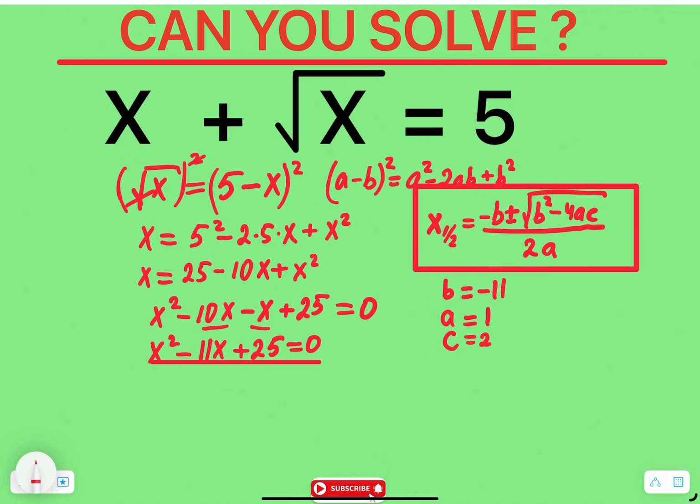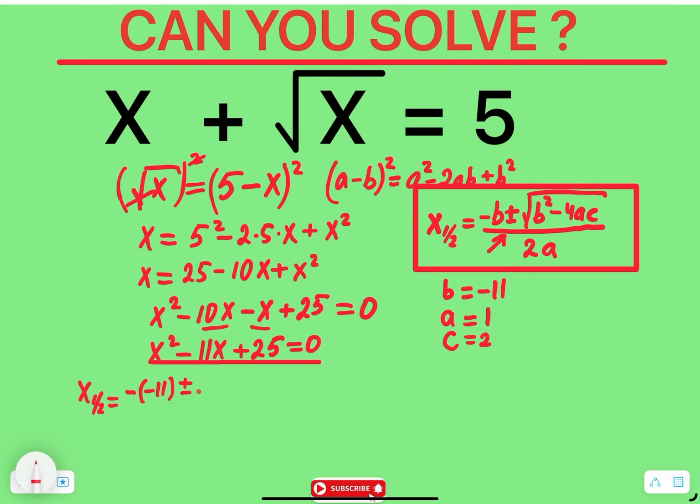We have x1 and 2, because we will have two answers, because you see here plus and minus, which means plus is one answer, minus is a different answer, equals negative, we have negative 11, right? And it's minus also in front of b, so we will write down minus negative 11 this way to have the correct answer.